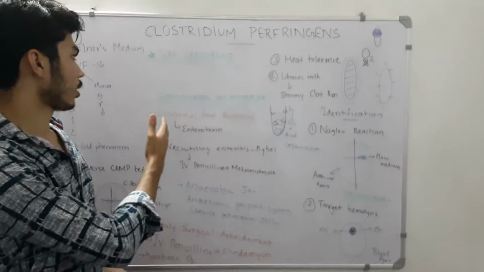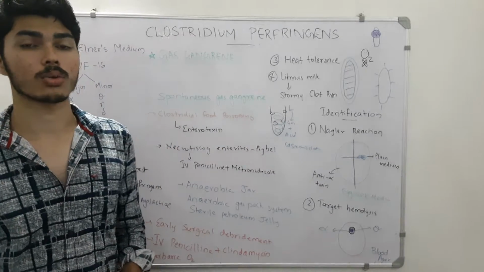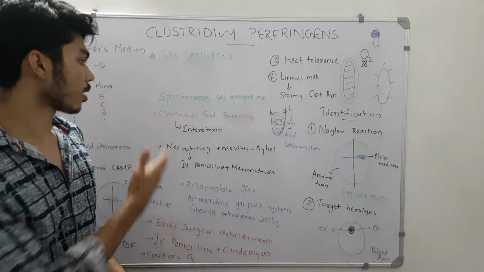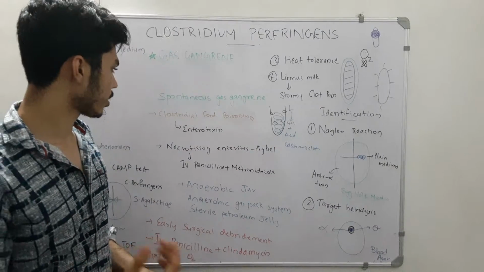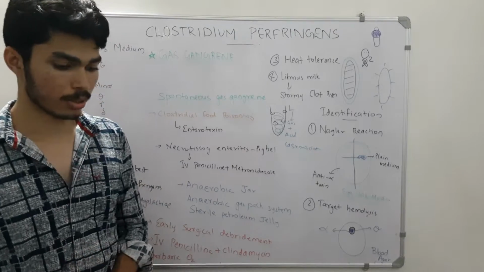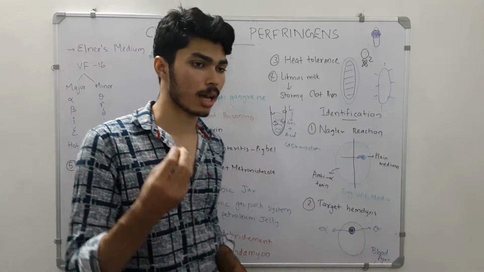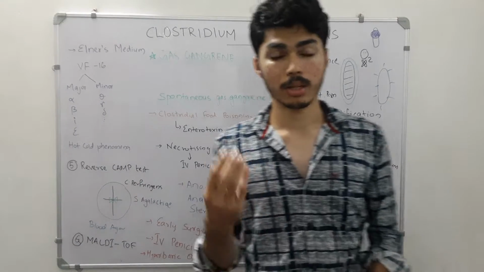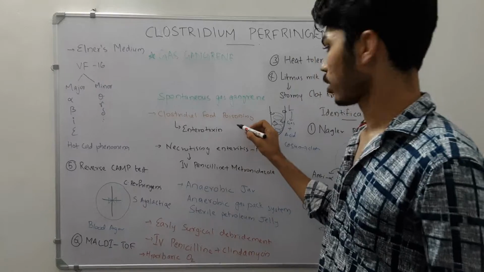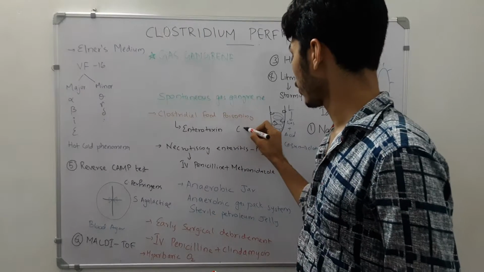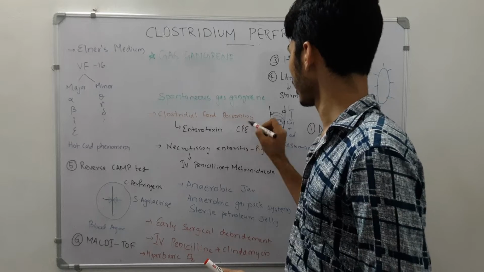Now about another manifestation caused by Clostridium perfringens, that is Clostridial food poisoning. What is this? This Clostridium has the ability to release enterotoxin, Clostridium perfringens enterotoxin.